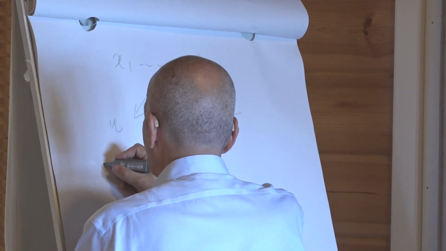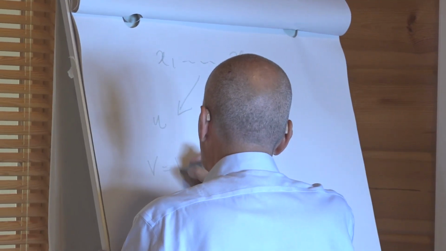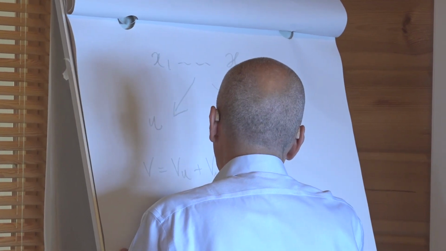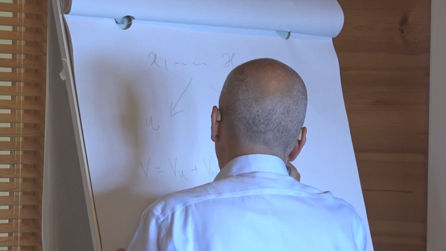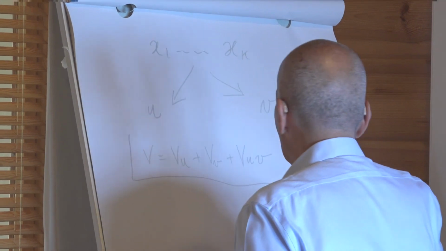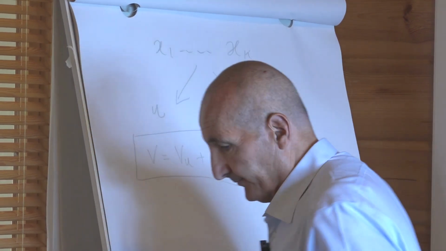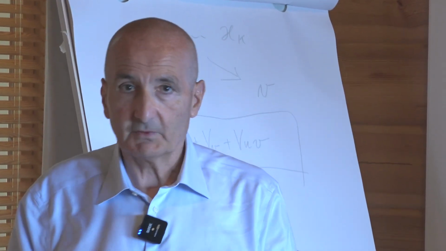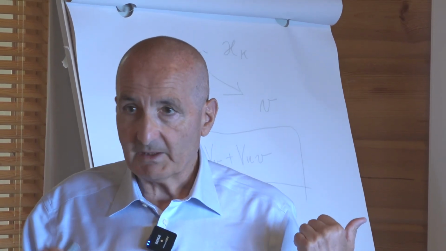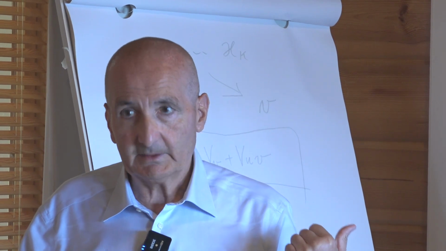Then I can write V equals V_U plus V_V plus V_UV. This is the way in which Sobol first wrote it.